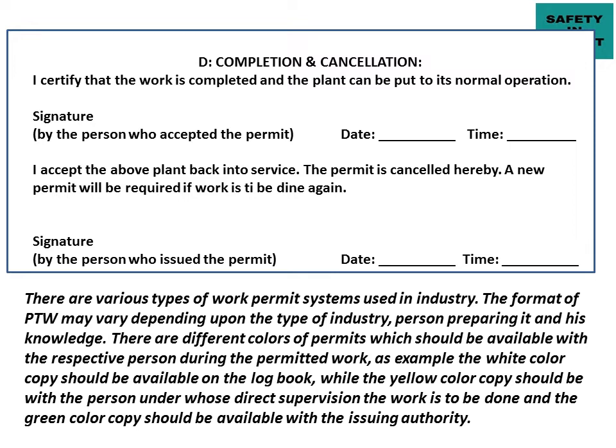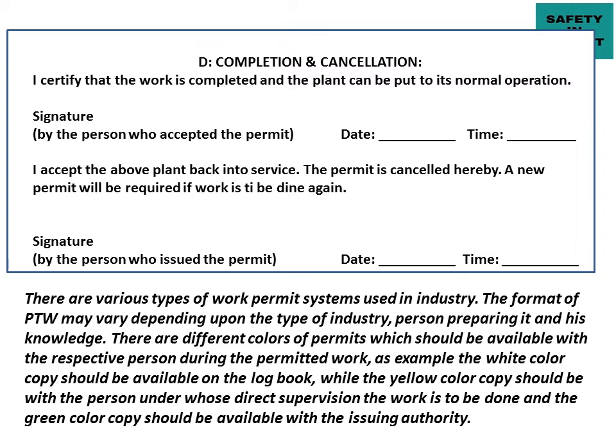The format of permit to work may vary depending upon the type of industry, person preparing it and his knowledge. So, in one industry, the hot work permit, some points will be there, but in another industry the points may vary. Same points will be there, but some extra points will be there, and they will be written in some different way.